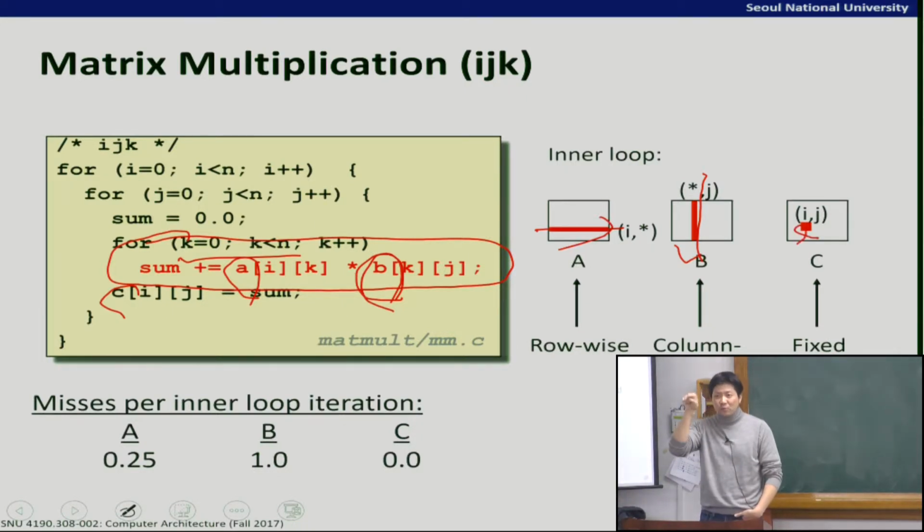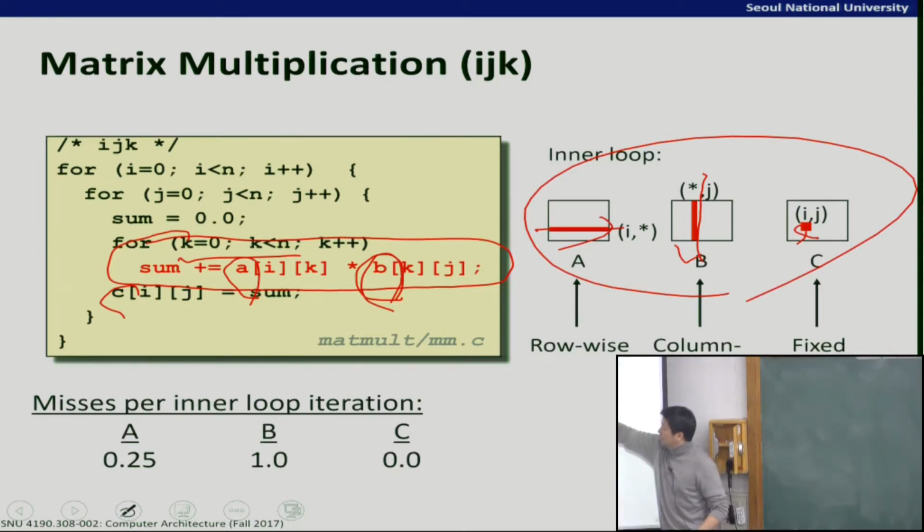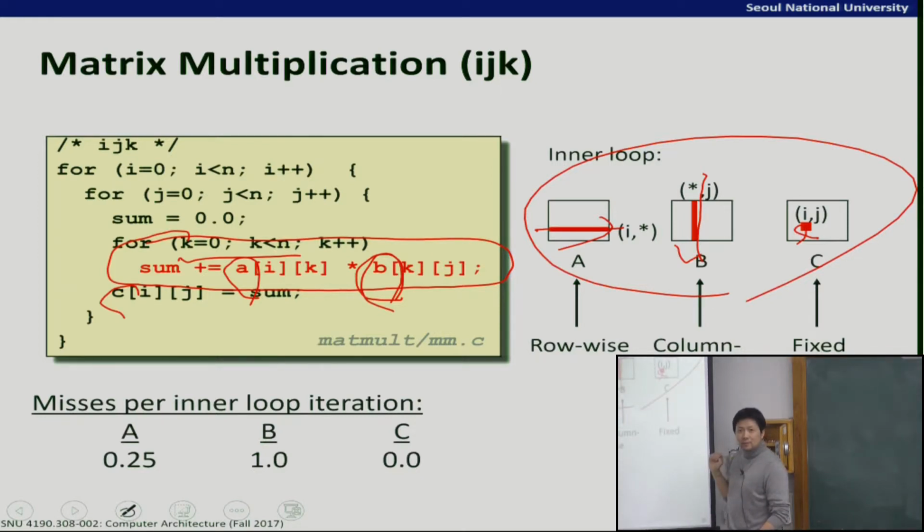It keeps accumulating the same value, so it only accesses one point in the array. So everyone gets this pattern, right? A is accessed row-wise, B is accessed column-wise, and C is simply fixed. It doesn't change in the innermost loop.